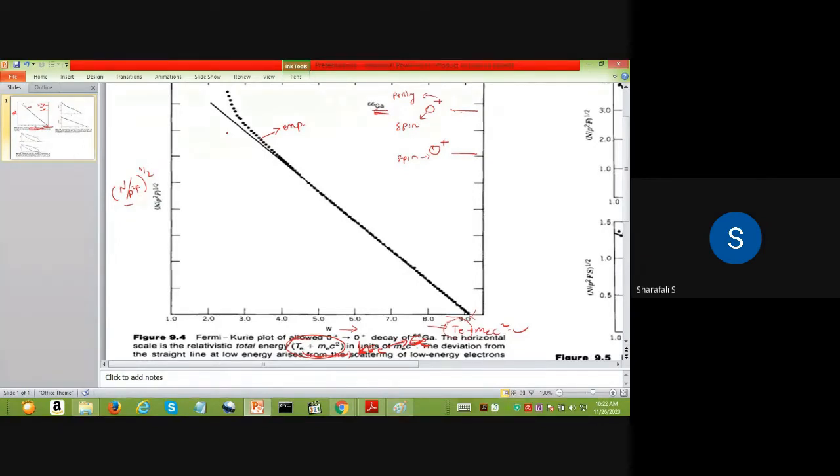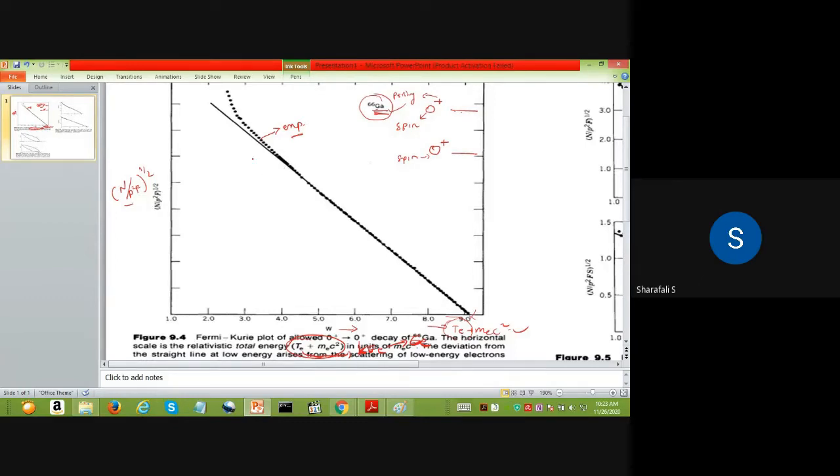This means that this particular beta decay process follows the Fermi theory of beta decay, which means that whatever terms we used for deriving that Fermi theory and that final expression is correct. Okay, so there is no correction required for this particular experiment, and this is valid. For gallium, the Fermi theory of beta decay follows.